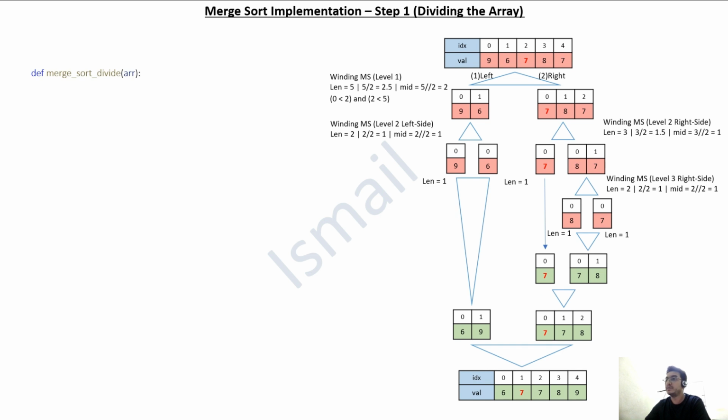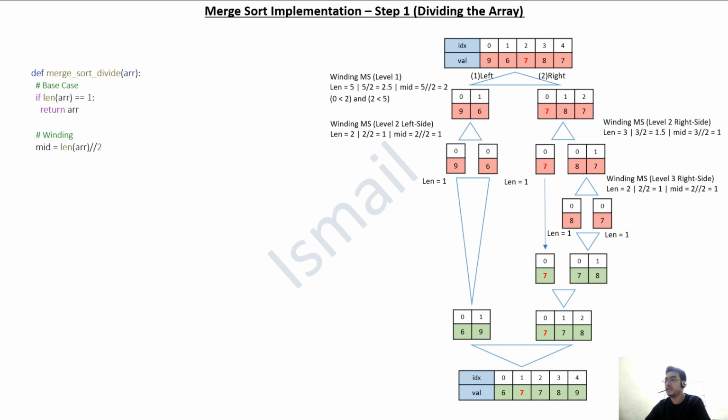Let's first define a base case or stopping condition for a recursion. If the array has only one element, it's already sorted. In such case, the function simply returns the array as it is. Then comes the winding phase. We calculate the midpoint to split the array into two halves.